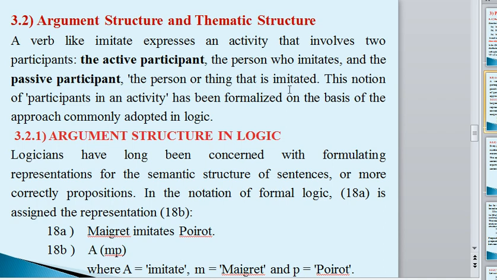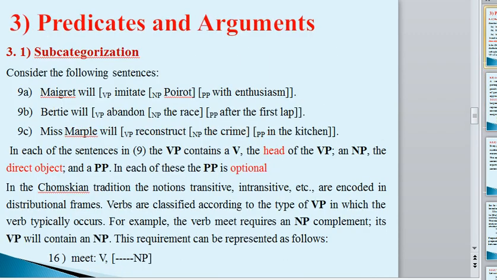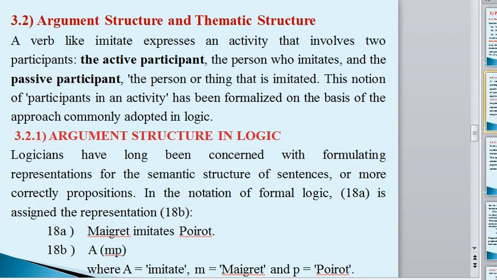This notion of participants in an activity has been formalized on the basis of the approach commonly adopted in logic. Again, this kind of verb has two participants: the one who imitates, and the second participant, that which is imitated. So it needs two participants.